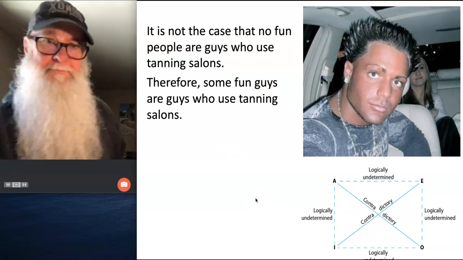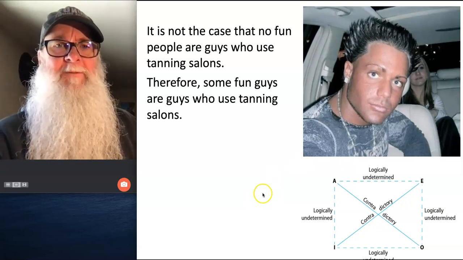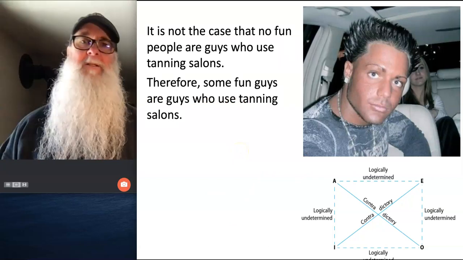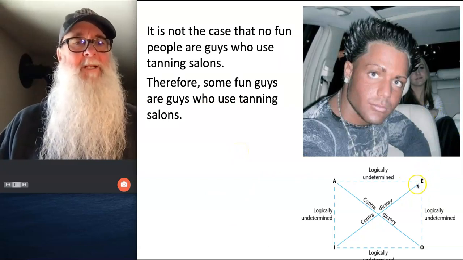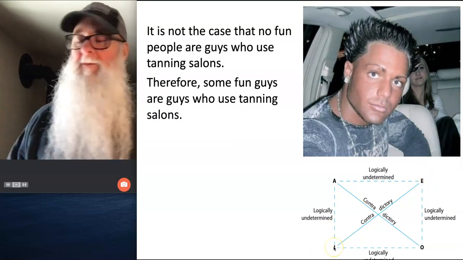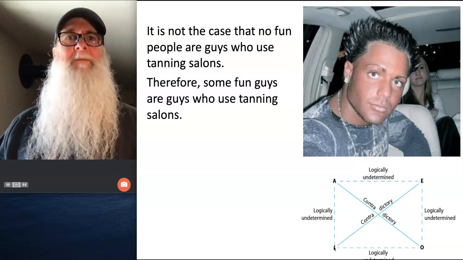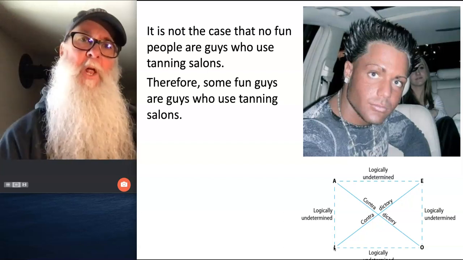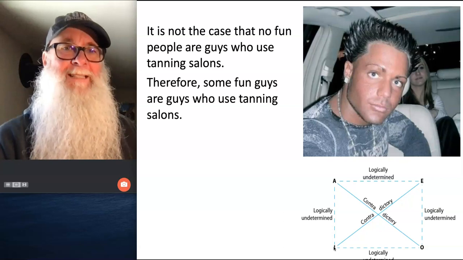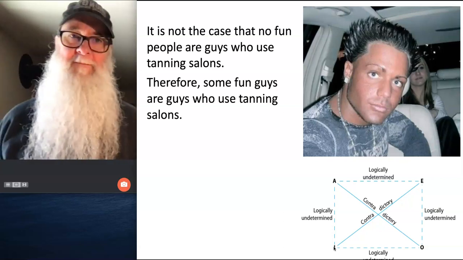All right, last one. It is not the case that no fun people are guys who use tanning salons. Therefore, some fun guys are guys who use tanning salons. Now, this looks just like the last argument. We have a premise statement that is an E statement, and we're being told it's false. And we have a conclusion that is an I statement that we're being told is true. And it would seem that by the rule of contradiction, the conclusion would have to be true. But remember this, the rule of contradiction applies only to statements that have the exact same subject and predicate terms, down to the letter.